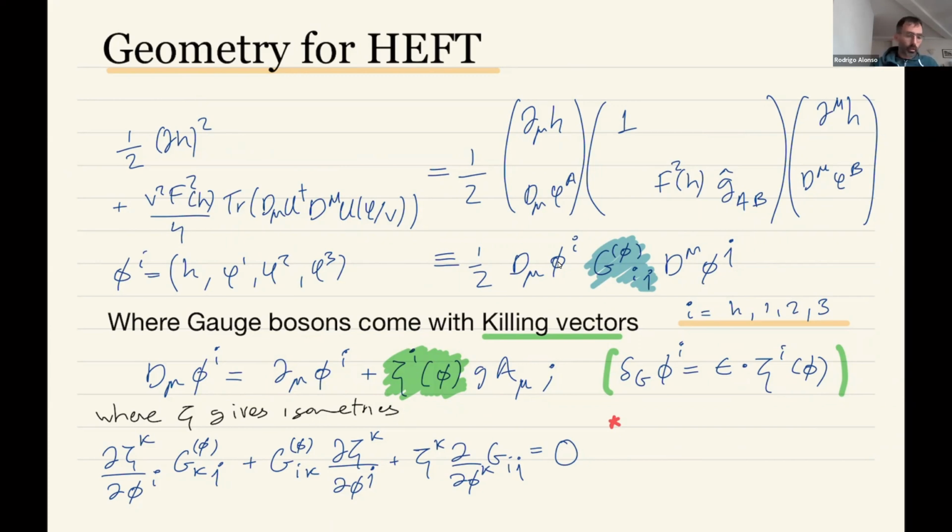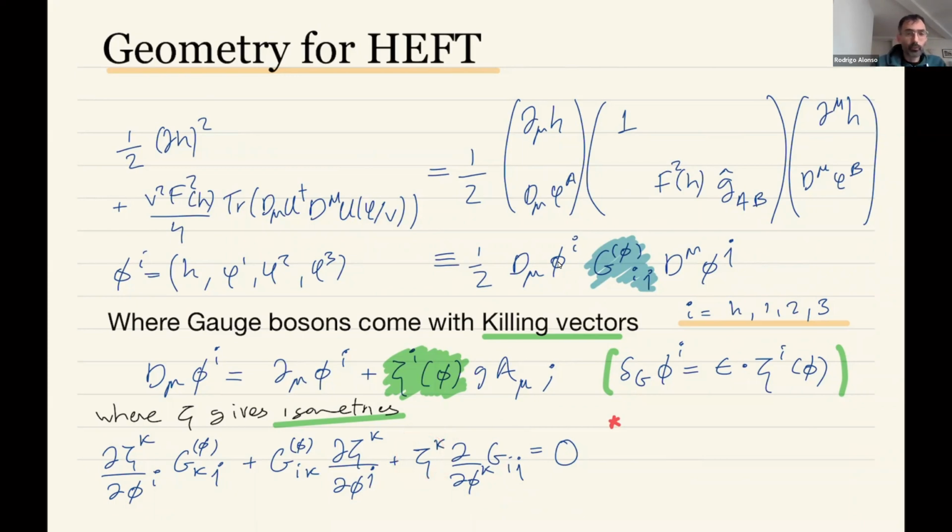They give us the isometries, which is to say those transformations that leave the metric invariant, and the explicit equations look something like this. Derivative of the Killing field with respect to the field phi contracted with the metric twice, and the partial of the metric with respect to phi in the direction of the Killing vector.